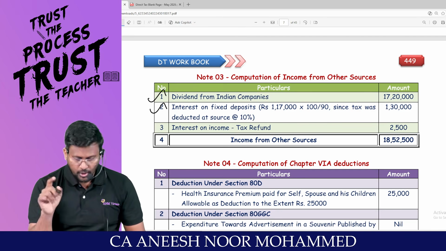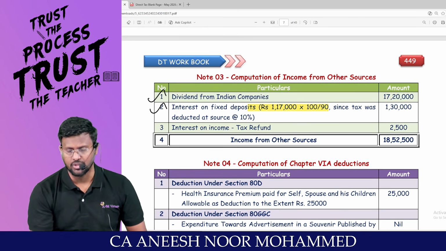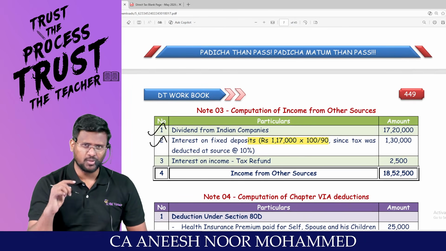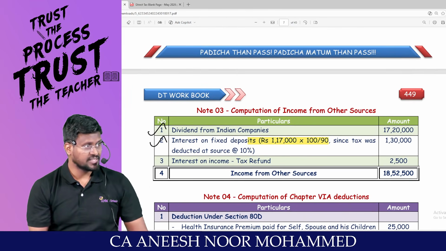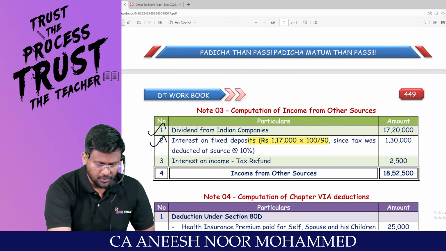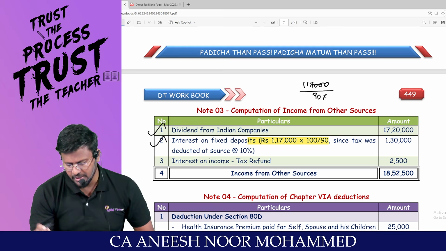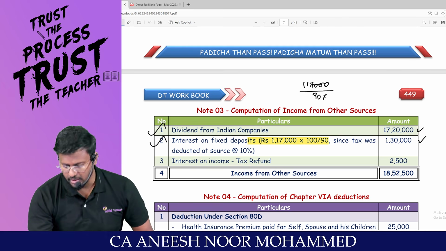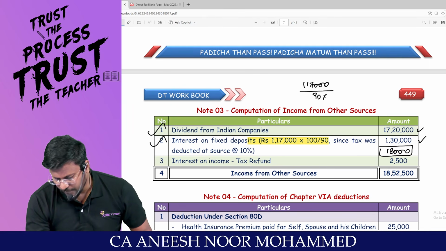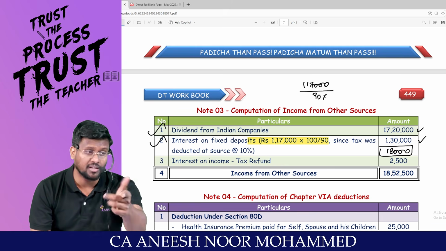But when you are including the income, you have to do the grossing up procedure. 1,17,000 divided by 90% comes to 1,30,000. So there is a TDS deduction of 13,000 that you have to note, because this amount has to be reduced after you calculate the tax payable.